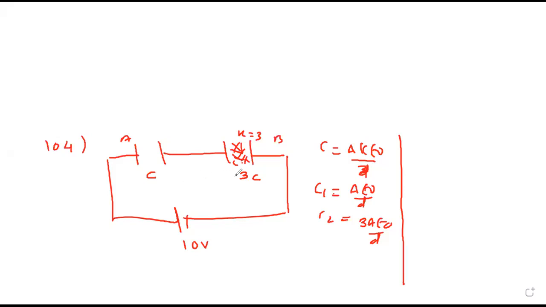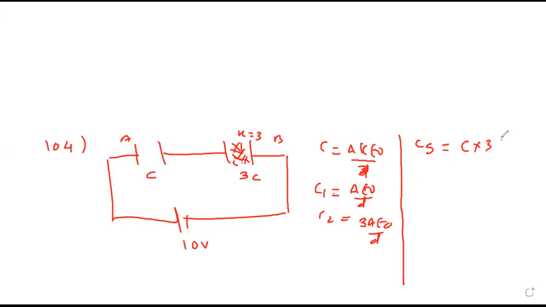First I am finding total capacity, then total charge, then voltage of first one is charge into capacity, the second voltage is V is Q by C. So whenever you see series, first find the total capacity.